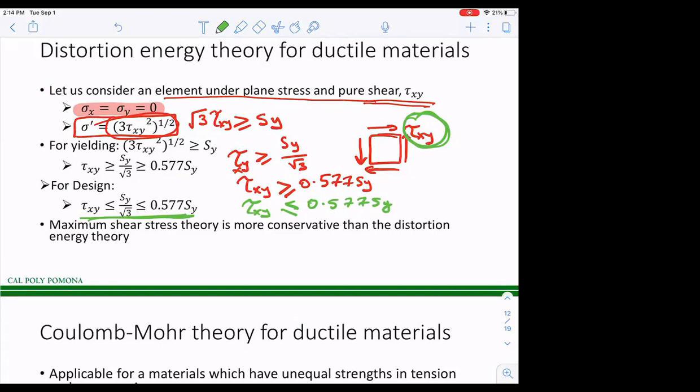That means with distortion energy theory, you can apply a little higher shear stress than with the maximum shear stress theory. So which one is more conservative? The maximum shear stress theory is more conservative. Do we understand this? Yes.